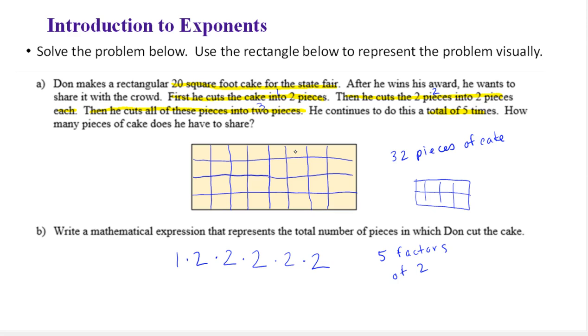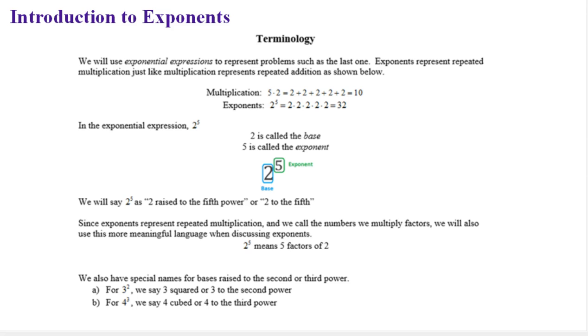Okay, now writing this out, 5 factors of 2, can be a little bit tedious, especially what if we had 27 factors of 2. So here's our notation. Okay, we will use exponential expressions to represent problems such as the last one. Exponents represent repeated multiplication, just like multiplication represents repeated addition.